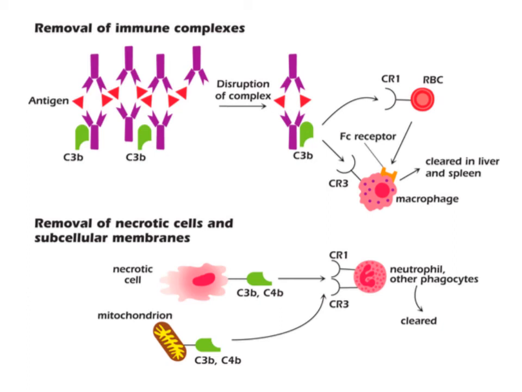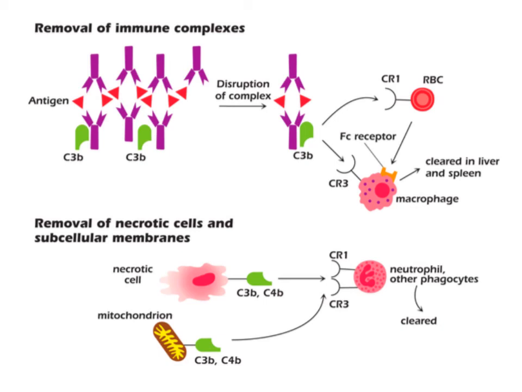Or if it is a dead cell, it has an old mitochondria. We want to get rid of that mitochondria, which is no longer producing oxygen or performing whatever the function of that particular mitochondria is. So they will again be tagged by opsonins and presented to neutrophils and other phagocytes, like those having CR1 or C3 receptor, and they will be cleared off.